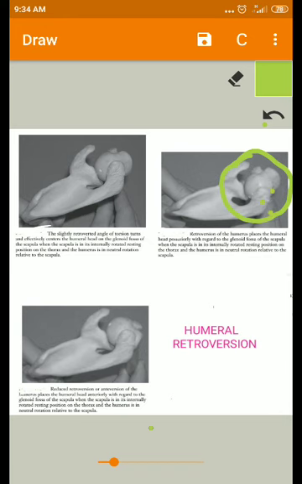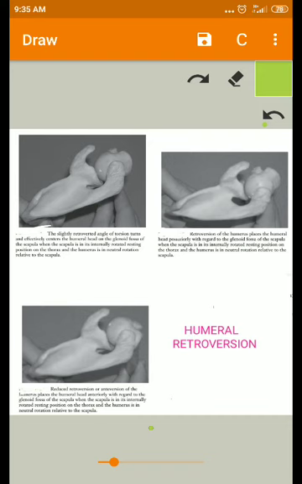That means in the people who use their arms for throwing, the humeral retroversion is larger.